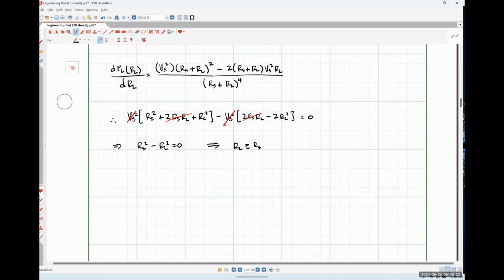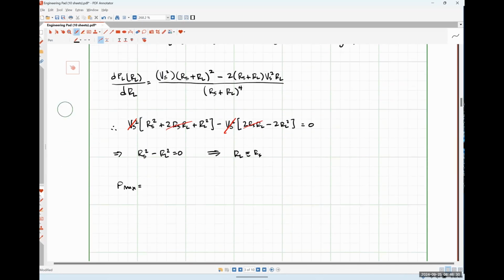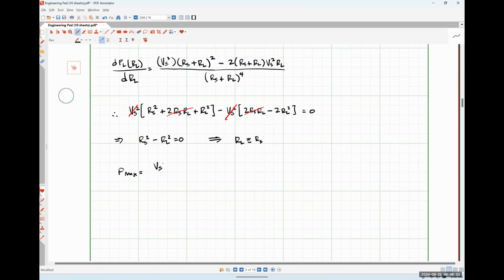So subbing that value in, we can say that our maximum power, so let's just go up here, we have Vs squared times RL. Well, we know that RL needs to be equal to RS, so I'm just replacing it there, over RS plus RL. Once again, I'm substituting in RS for RL, so that's just going to put an RS here and square that.